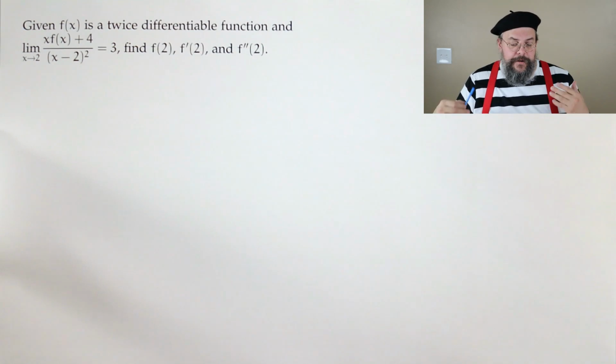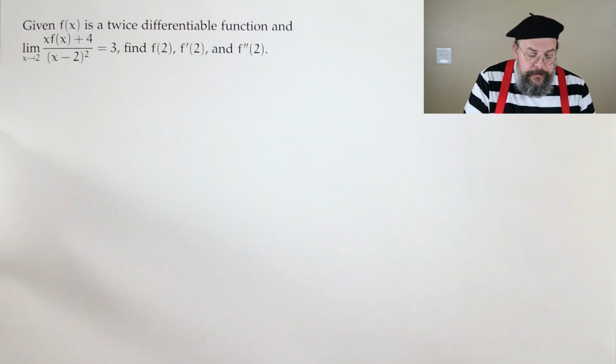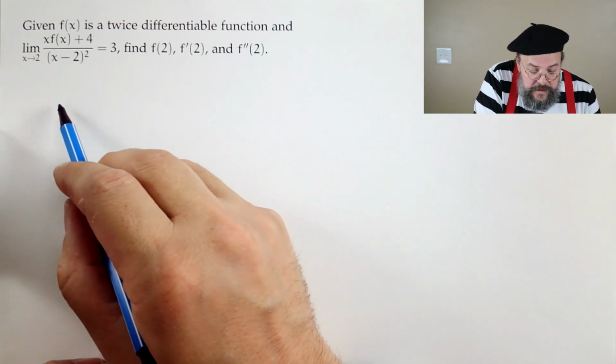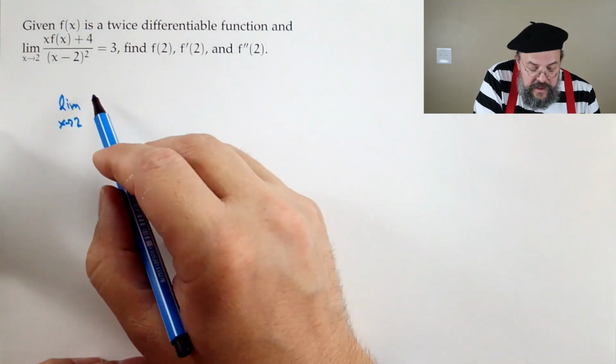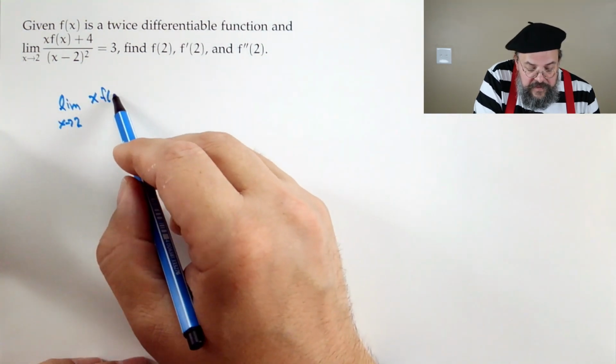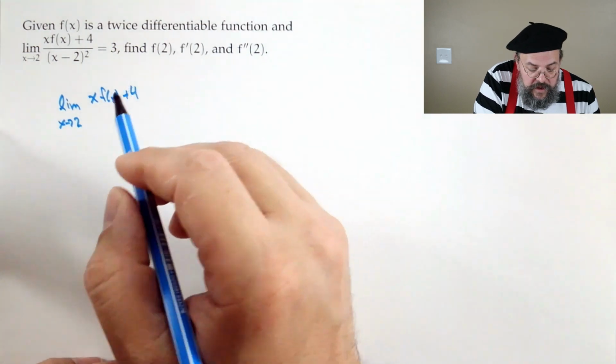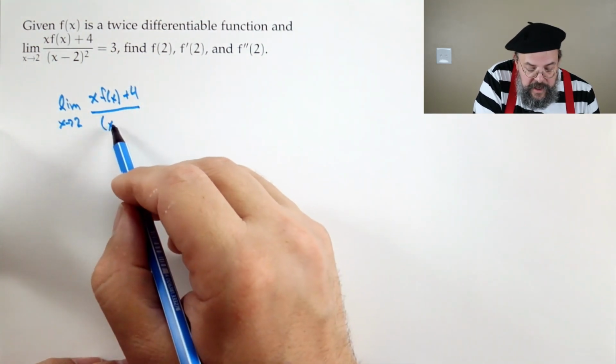All right, well, let's think about what we can do. Well, oftentimes the first thing we do is we say, well, let's see what's happening to this limit. So we know that our limit as x approaches 2, and we have x f of x plus 4 divided by x minus 2 squared.